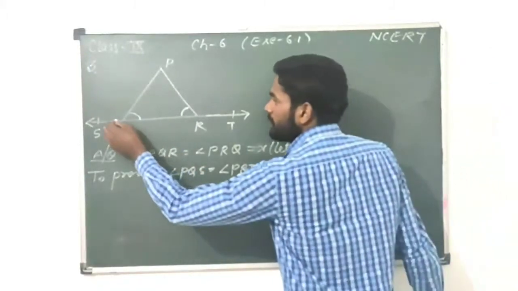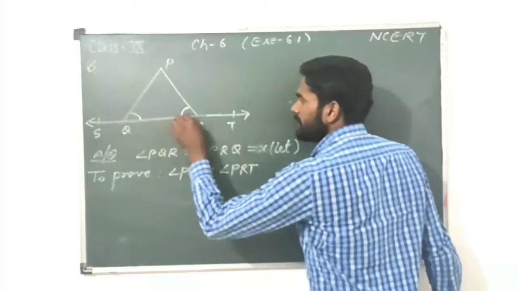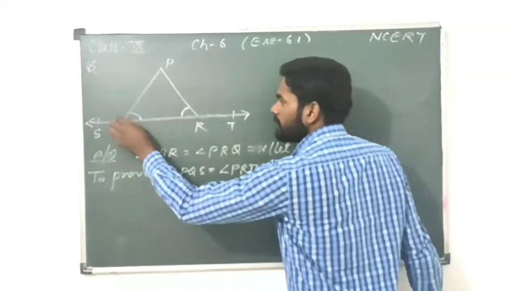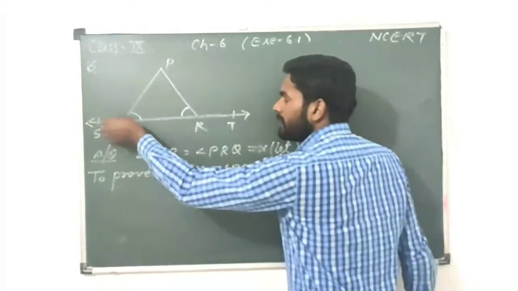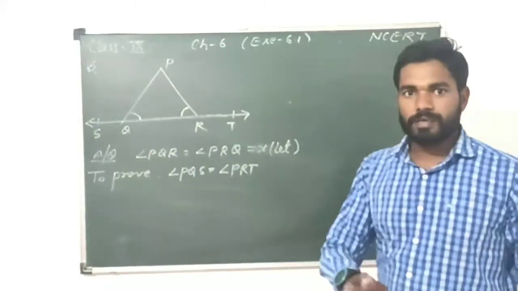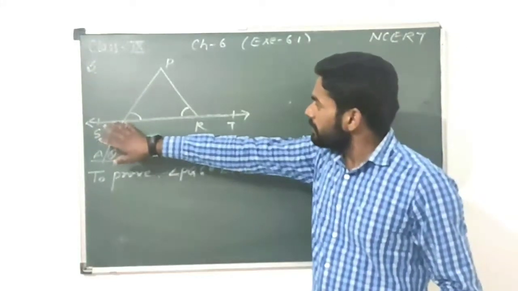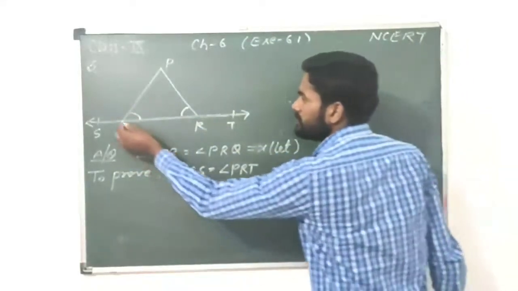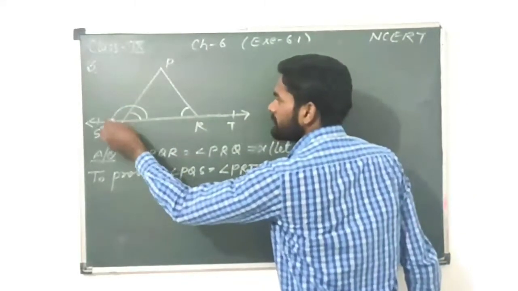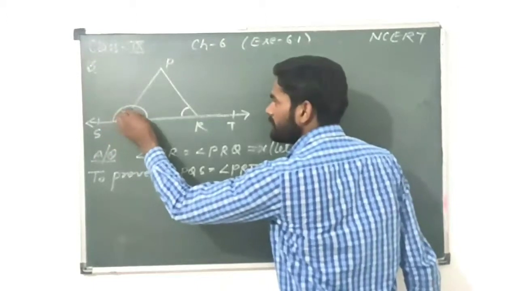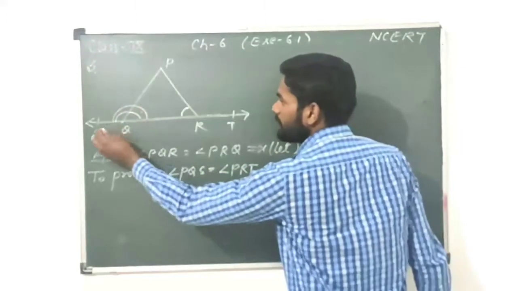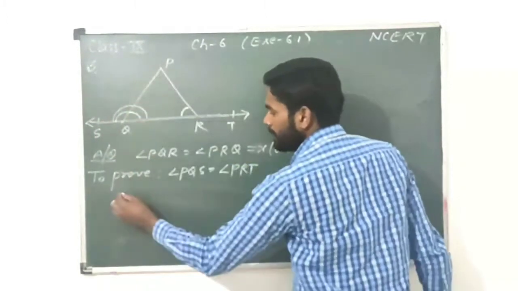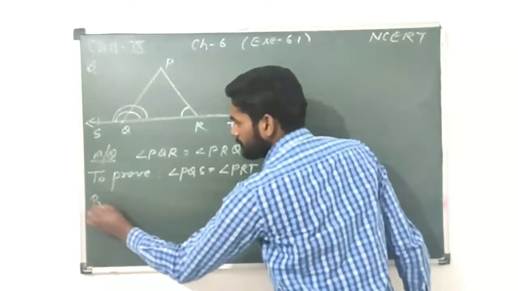Now check from here, this one is a straight line, and we know that at each and every point on a straight line the value of angle will be 180 degrees. So this angle means sum of this one and this one is equal to 180 degrees. So angle SQP, proof.